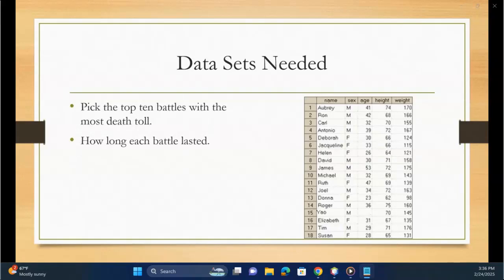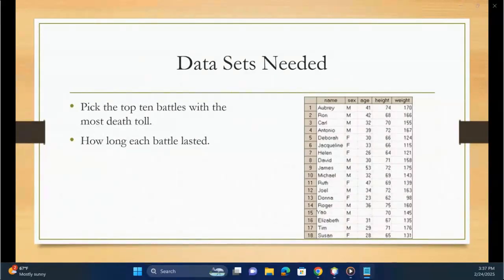For the next one, we're going to need the data sets. For our data sets, it's not much, but our main thing is to find the top 10 battles within the United States Civil War with the most death toll. And for those battles, we need to see how long each battle lasted because that matters.